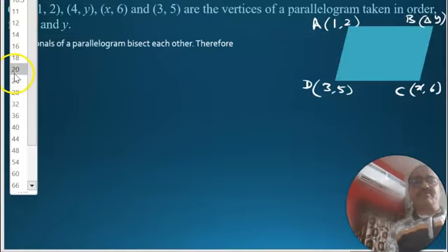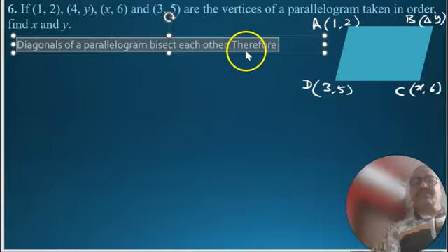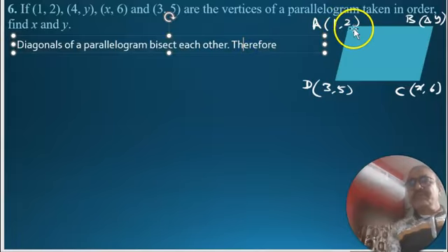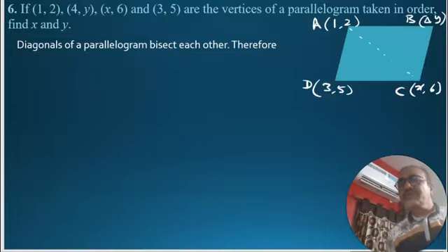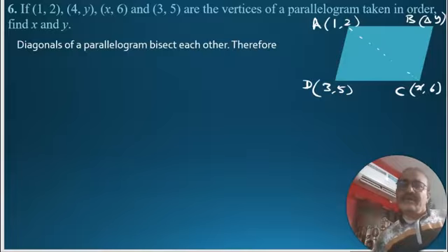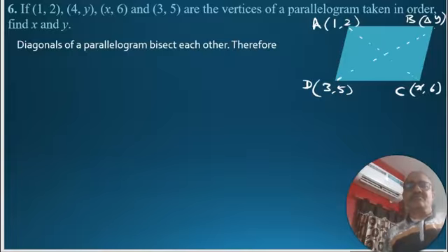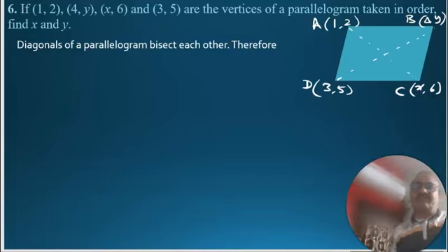Okay, so therefore AC is one of the diagonals and BD is the other diagonal. So they bisect each other. Bisect each other means the midpoints of the diagonals are the same.